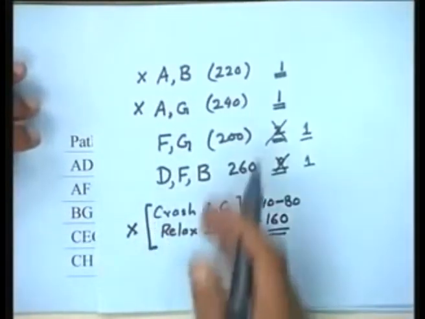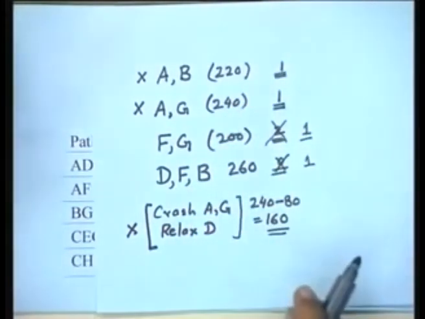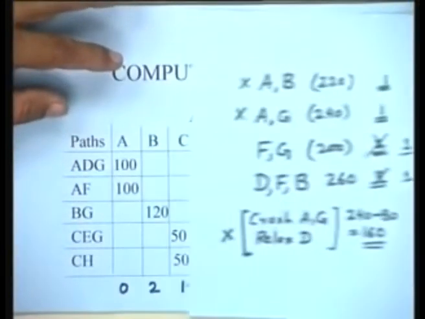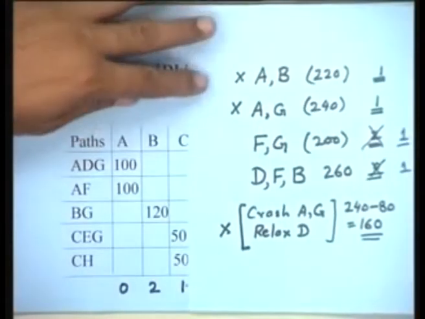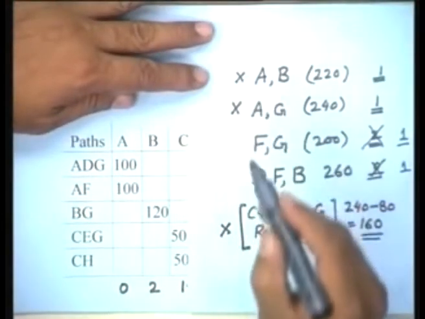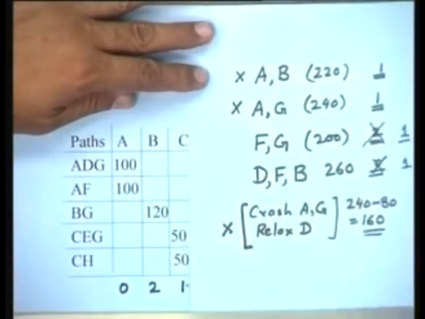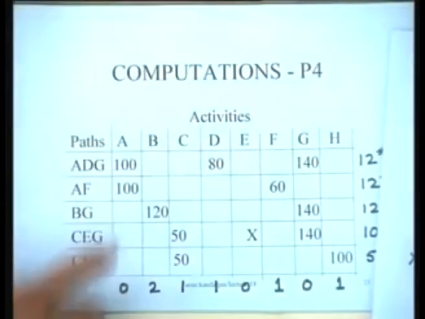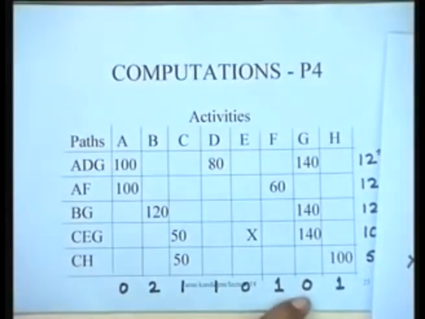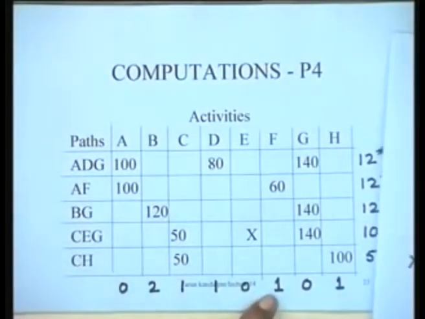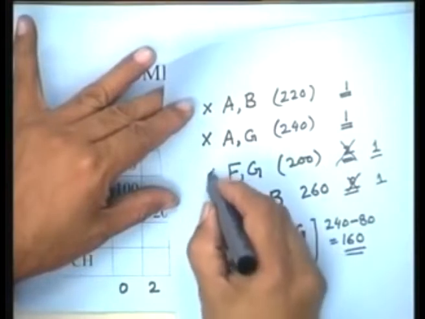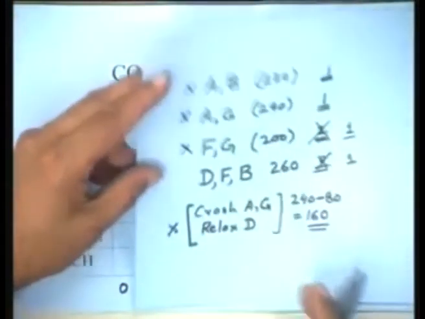If the path set was different, we would have to generate new options. So these are again the options, and as you see, this option is not available because A has been fully crashed. This is also not available. F and G, can we crash F and G? We cannot crash F and G because G is fully crashed, although F can be crashed by one day.